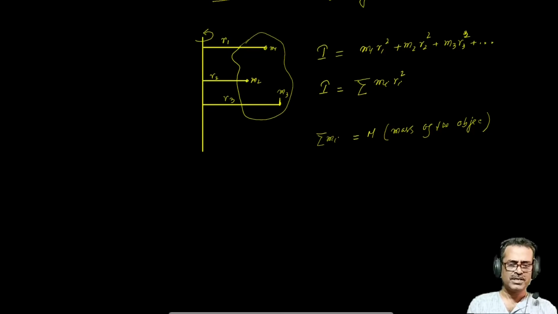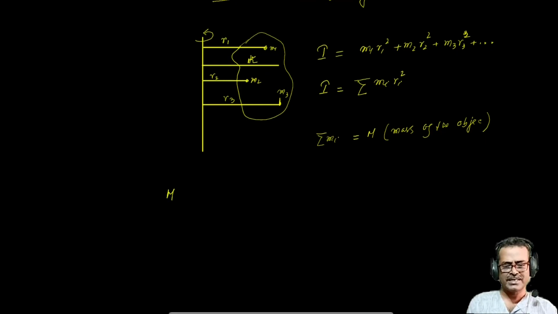That is, if we consider a point and the mass of that point is capital M, which is the sum of all the masses, and rotating about the same axis, the radius, that is the distance of the point from the axis, be k.